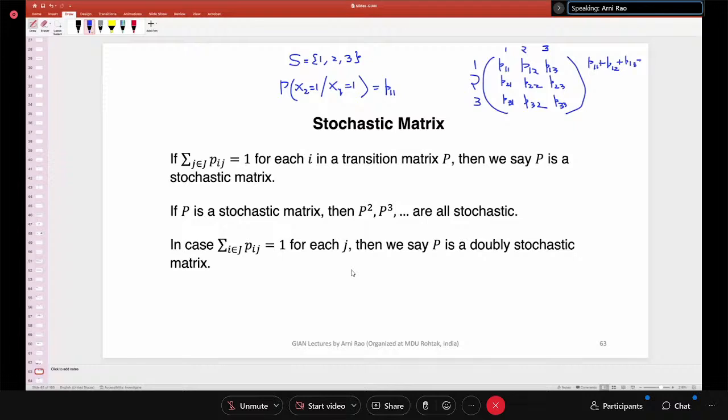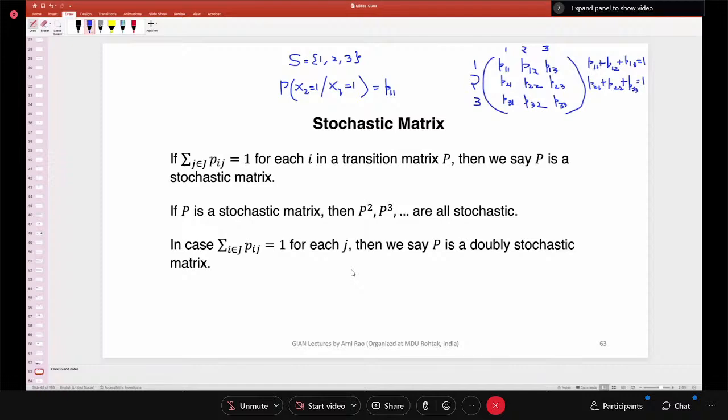1. That means I fix I to j. For each I, if Pij equal to 1, अब I मतलब each state I 1 से शुरू किया, this is equal to 1 and P21 plus P22 plus P23 equal to 1.